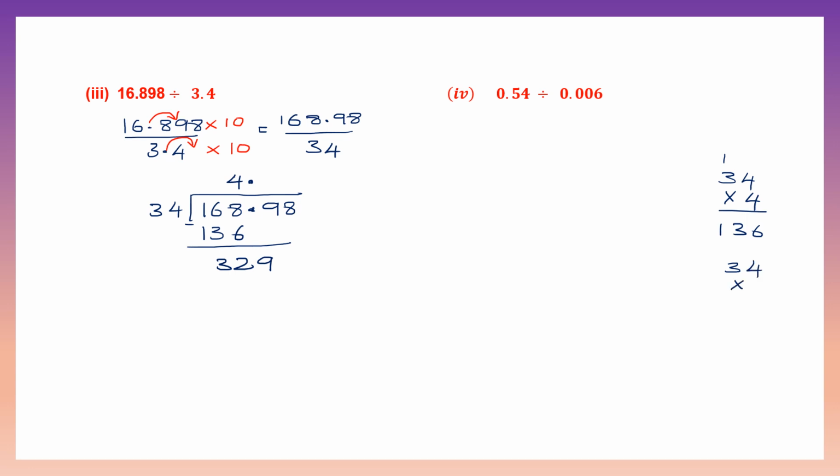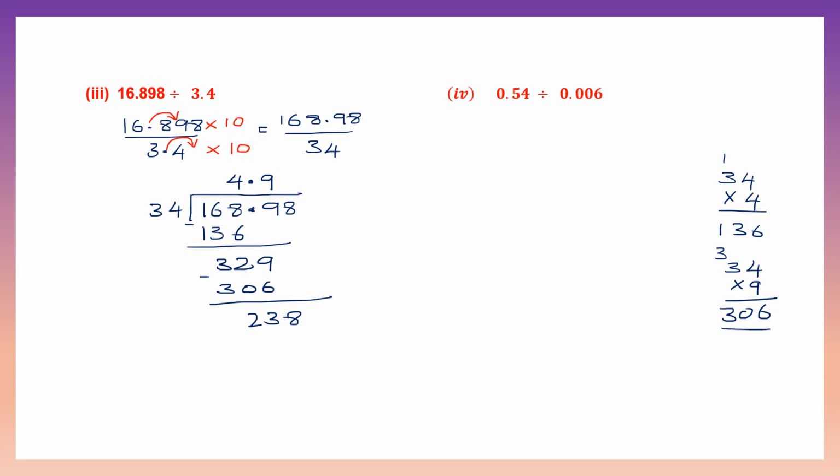I need to get a number close to that. So 34 into 9. Let's try. 9 fours are 36, carry 3. 9 threes are 27 plus 3, 30. Yes, we can use this. So 34 into 9 is 306. Minus: 9 minus 6 is 3. 2 minus 0 is 2. So bring down the next number, 238.